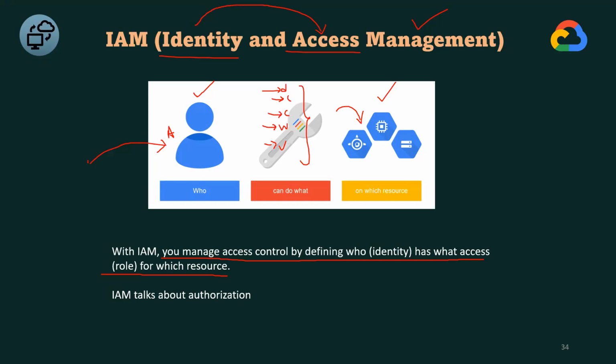If you don't use your Gmail and password, you are not logged in. Authentication means there are methods with the help of which you are able to log in. That is authentication.